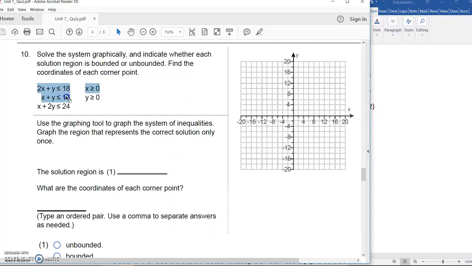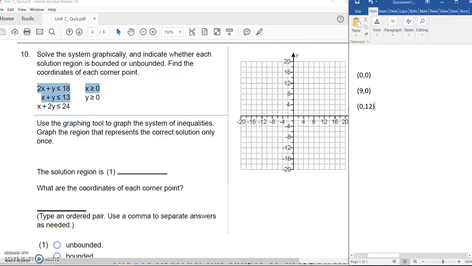Let me write them: 2x plus y equals 18, and x plus y equals 13. If you subtract these side by side, 2x minus x would be 1x. The y's would cancel out, so it's 0. And 18 minus 13 is 5.